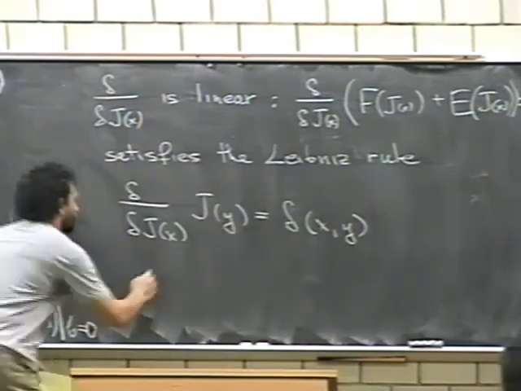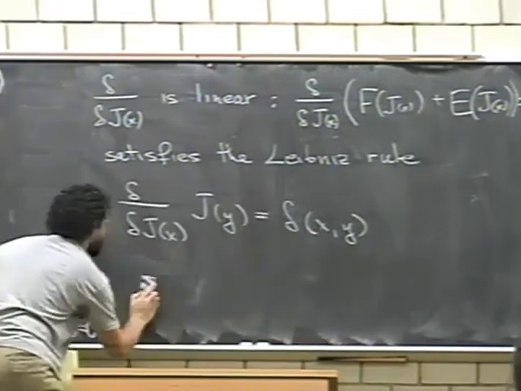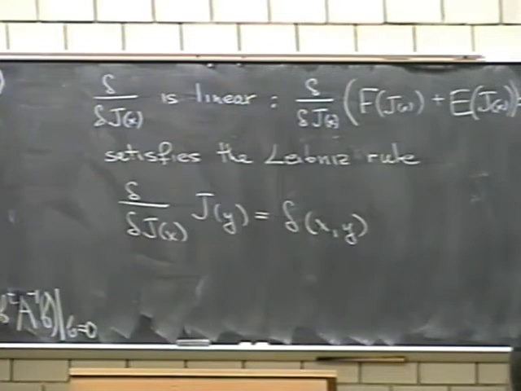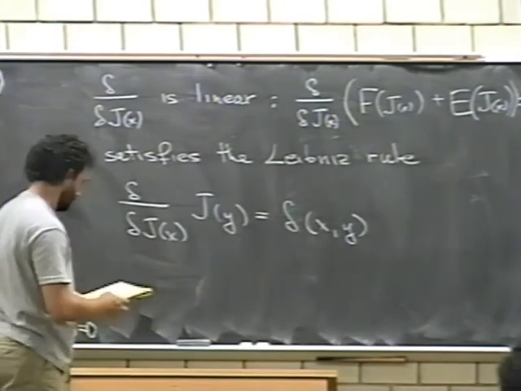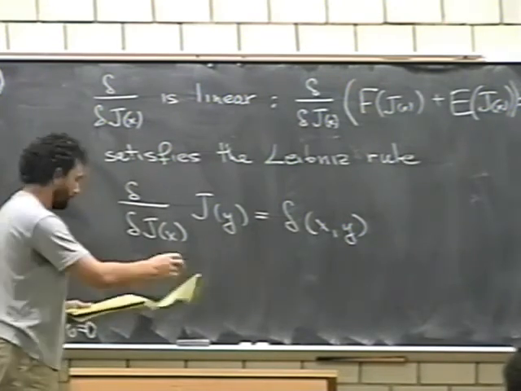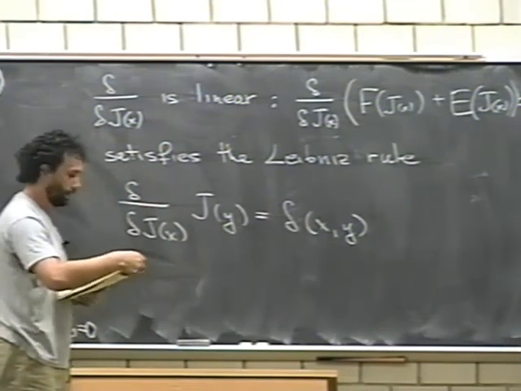It's just the analog of d/dx_i of x_j. So these properties do define it uniquely.